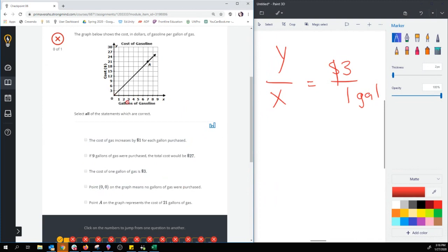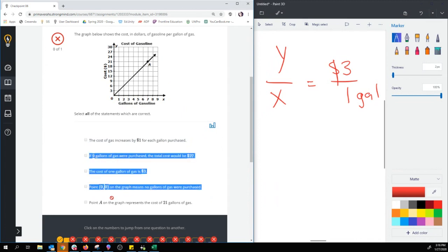So down here, it's saying if I buy 0 gallons of gas, I pay $0. That true? Well, think about it. Do I have to pay for gas if I'm not buying any? Right? So this one down here is also true, which means these three are true.